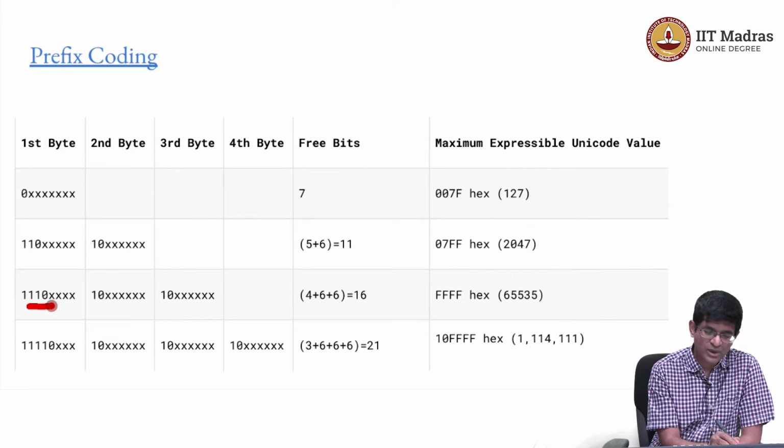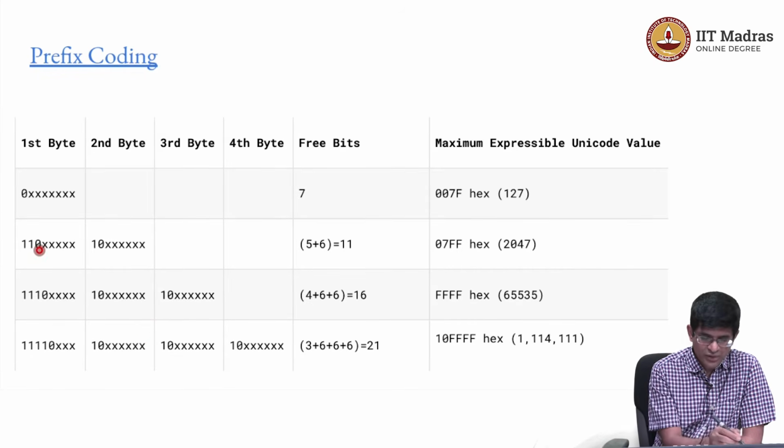If it starts with 1 1 0, I interpret it as shown in the 3rd row. 1 1 1 0, interpret as shown in the 4th row, okay? So each of these essentially gives us different combinations. In other words, if I start with 1 1 0, then the remaining 5 bits over here and some bits of the second byte. The second byte also I need to be careful, right?